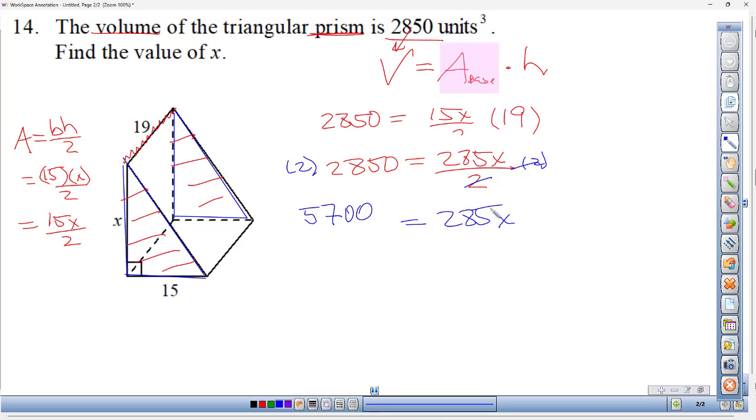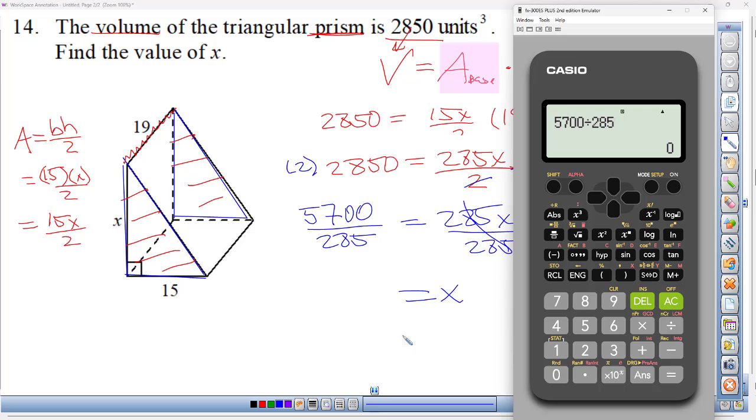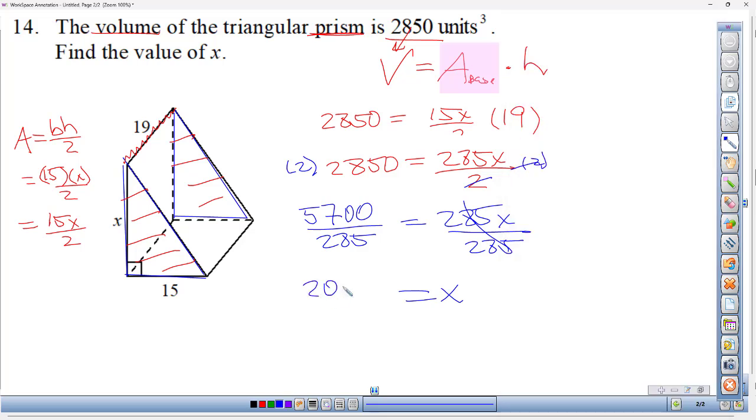And last but not least, we'll get rid of that multiplying by dividing. And x equals, back to the calculator, 5,700 divided by 285 comes out to be exactly 20. 20 units. Okay, so good old formulas, plug it all in, and then it's just some algebra.